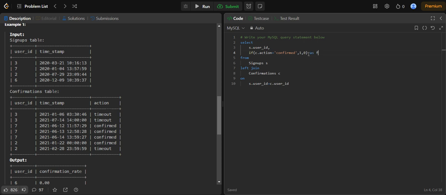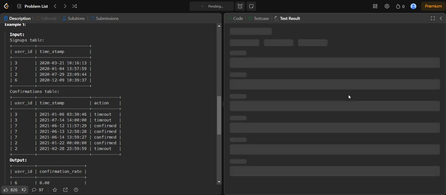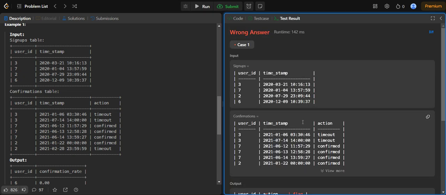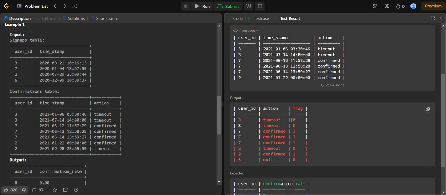Suppose flag. Let me write the action column also, C.action. Let me run this. Timeout 0 0, confirmed 1 1 1, timeout 0, confirmed 1, null is 0.